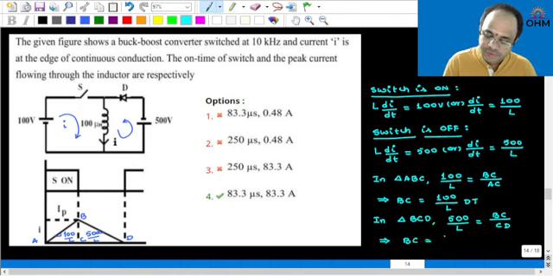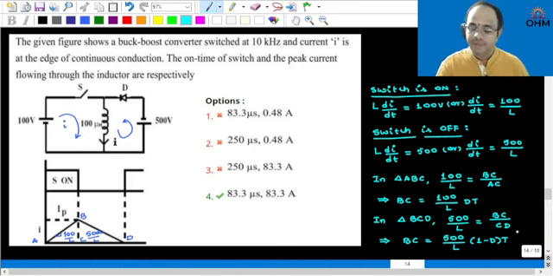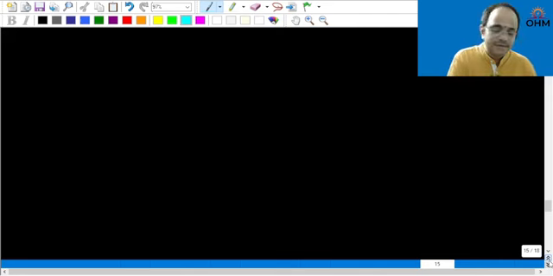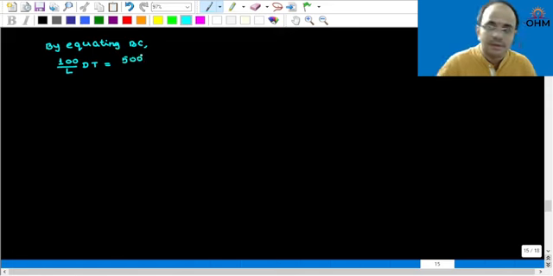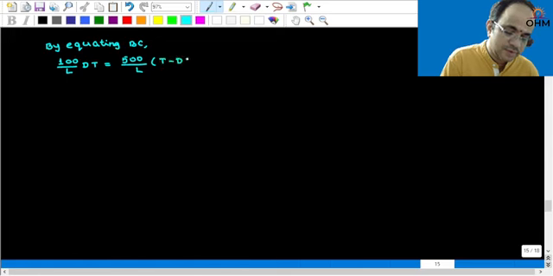Therefore, BC is equal to 500 by L into CD, which is nothing but 1 minus D into T. Now, by equating BC, we will get 100 by L into dt is equal to 500 by L into T minus dt, or 1 minus D into T, both are same.